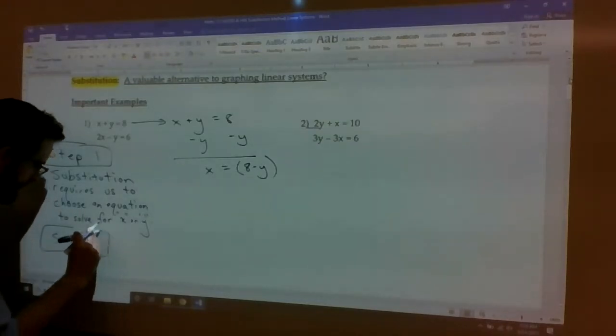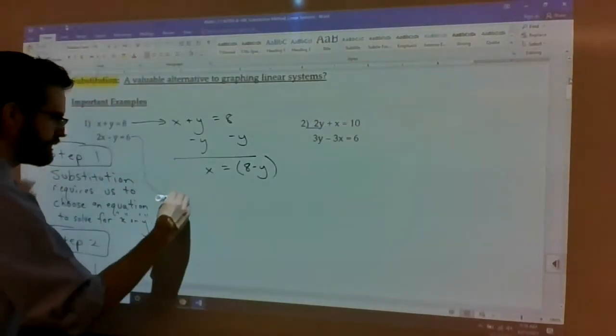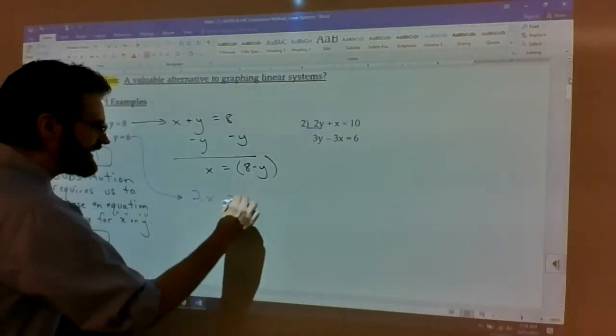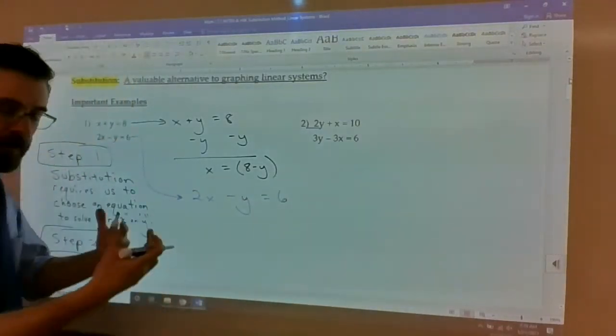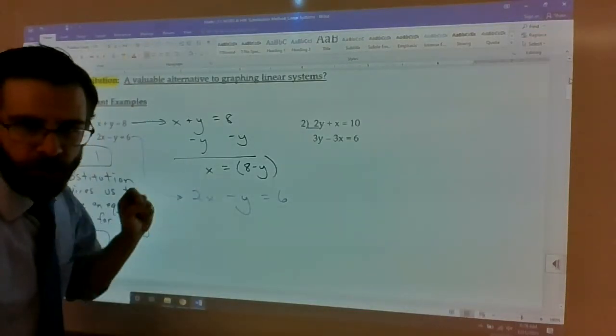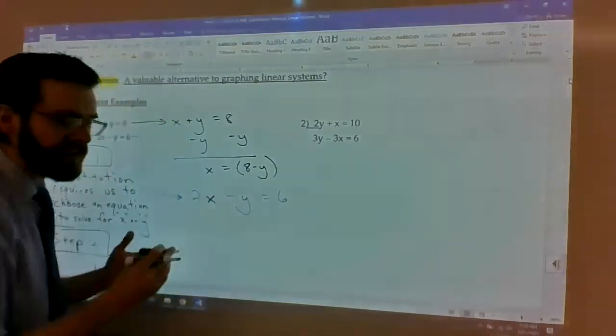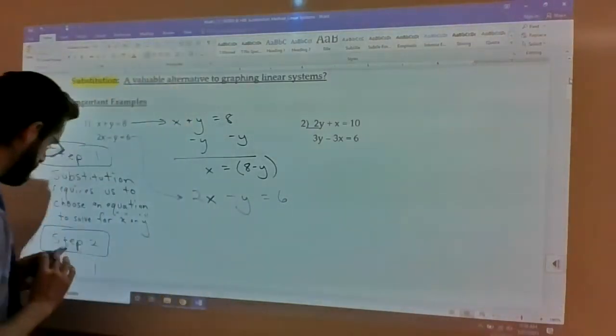Step 2, you take that expression and we are going to plug it in to where it belongs in the second equation. So if I get x by itself, that means I am going to replace x in the second equation.